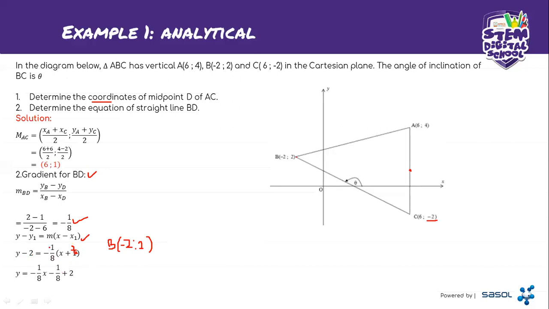Now, when you open the bracket with this -1/8, this is going to give us -1/8 x. Then when you multiply -1/8 times 2, it's going to give us -1/4. It's supposed to be 1/4, not 1/8, right? And therefore, when you transpose this -2 to the right-hand side, then it's going to be +2, right?